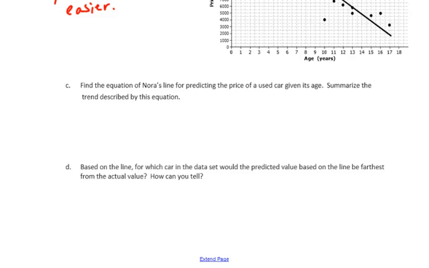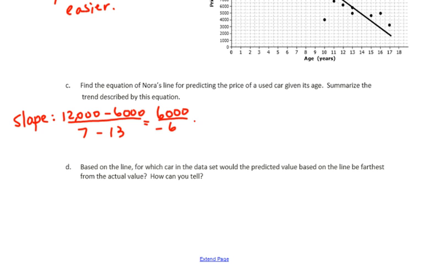What we're going to do to find the slope is we take the change in the y values, so 12,000 minus 6,000, and we divide that by the change in the x, 7 minus 13. When we do that, we get 6,000 over negative 6, which is negative 1,000. So our slope is negative 1,000.